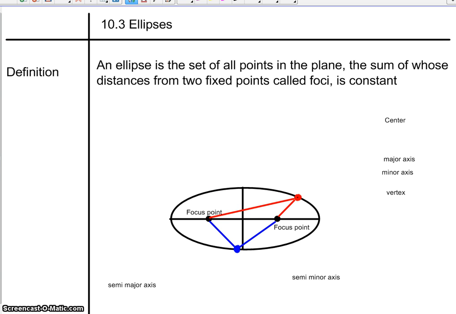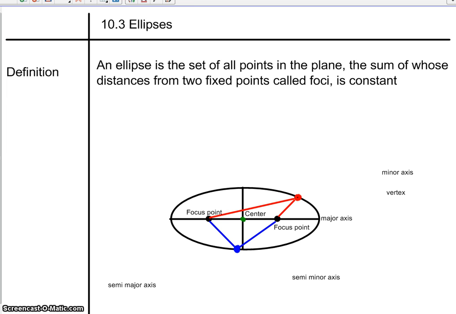All right, some other points that we have is the center of my ellipse, and that's going to be where two segments intersect. Those segments, we have two of them. One's called the major axis.